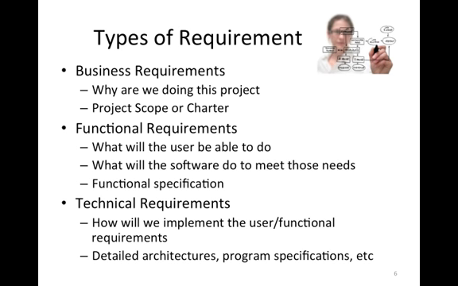If we take our ATM example, banks wanted to implement ATMs for a number of reasons. One is to increase customer satisfaction so that people could have access to their money. They wanted to cut costs by not having to have as many branches, so they could have smaller building footprints and fewer personnel costs.